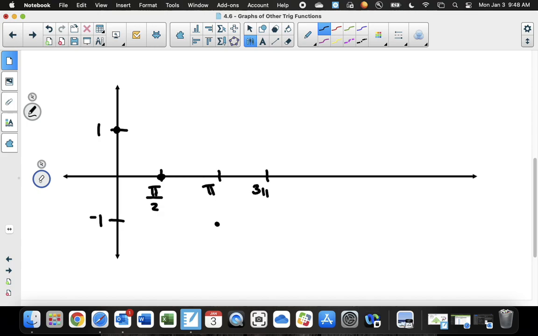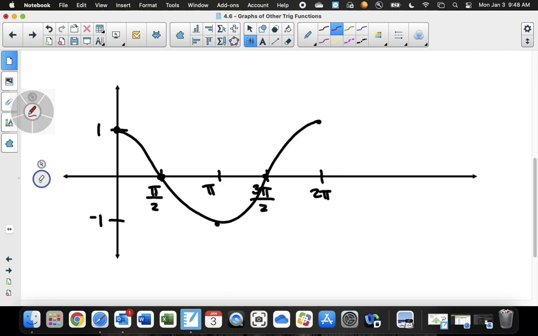And we're at 3 pi over 2, back to a midline. And finally, 2 pi. We start the process over. We're back at a maximum again. There's your parent function. There's your cosine graph.